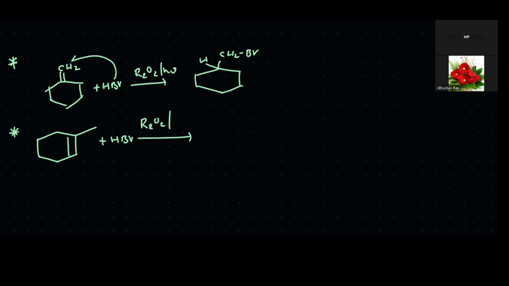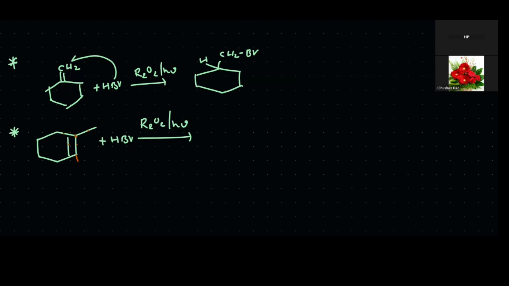Just observe this carefully, it is very important. Here this carbon has 1, 2, 3, 4 bonds, so hydrogen atoms are less, zero only. But here this one has one hydrogen atom.